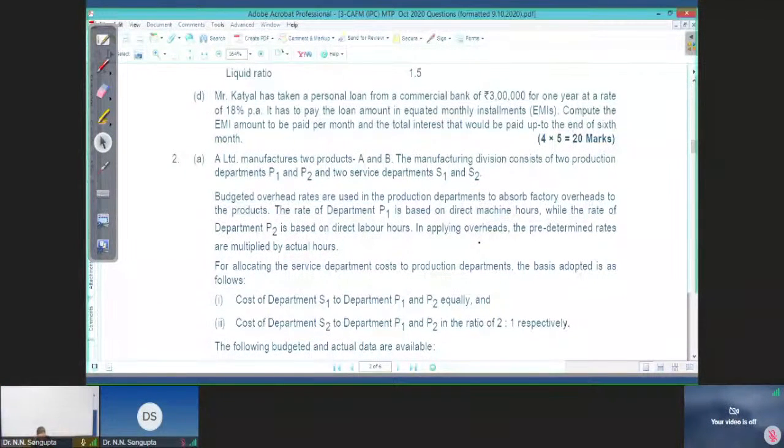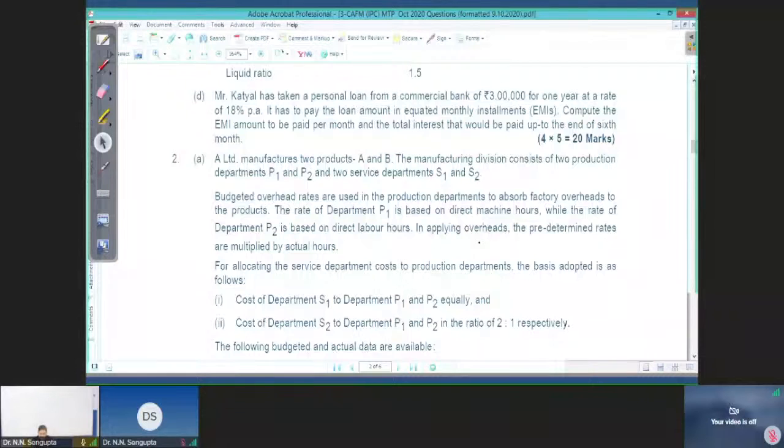From the material chapter, the difference between different terminology like spoilage, defective, scrap, their treatment, overhead, premium, idle time. Then labor turnover, then from overhead also the different treatment of different terms in cost accounting.